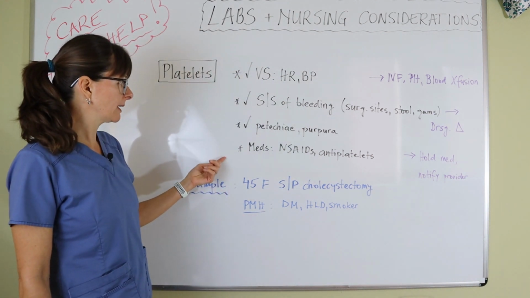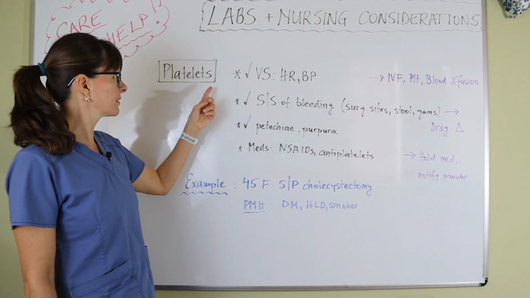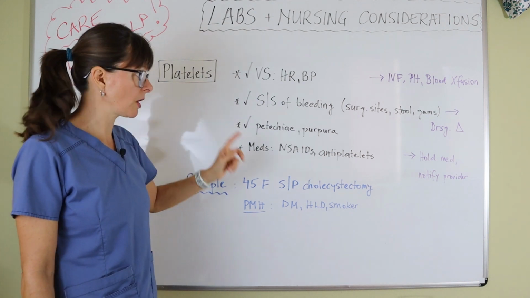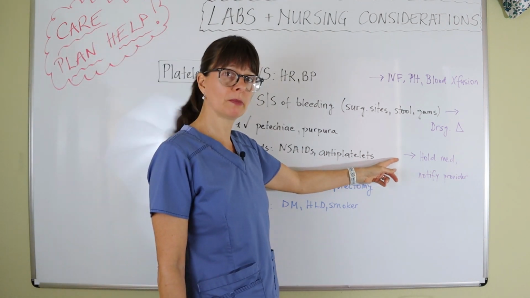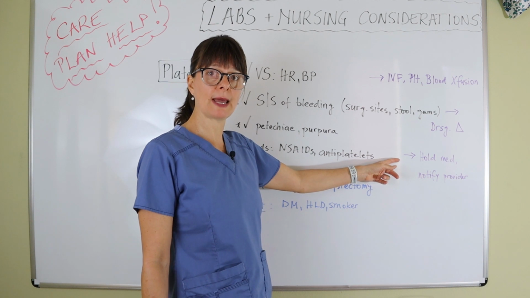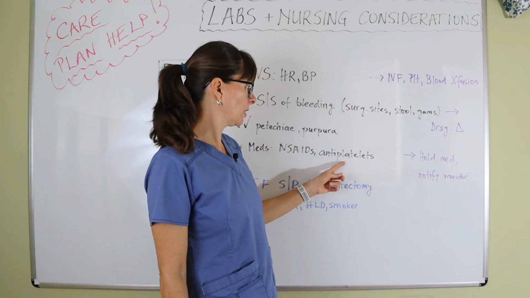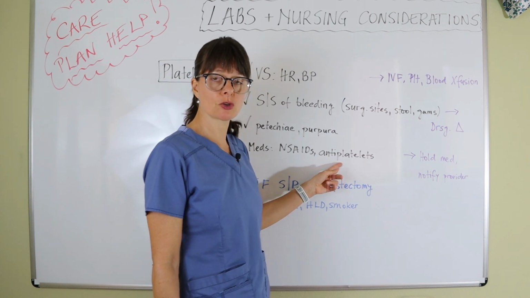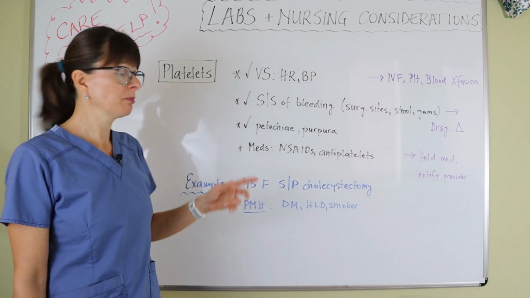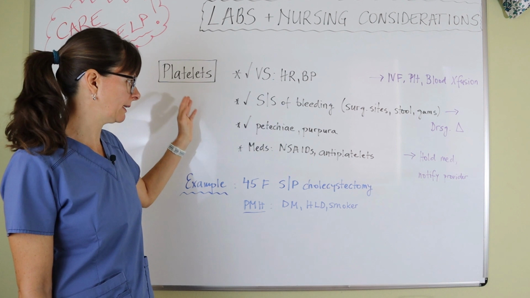If the patient is on any meds and we notice that there are abnormalities in the platelets, specifically if they're low, we want to definitely hold the medication, assess the lab value first, and then notify the provider to maybe consider taking this medication off the patient's list for good, because now it's interfering with the platelets.